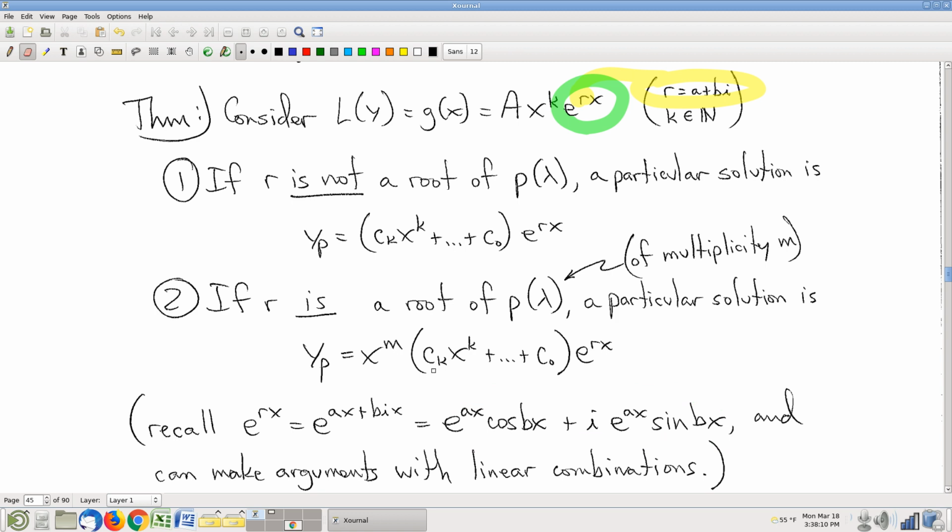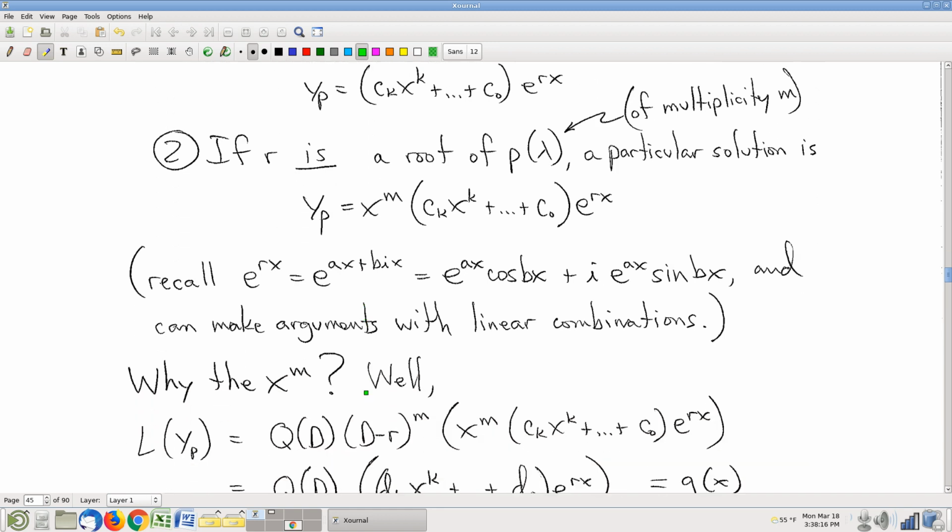So, what's the deal with that x to the m? Where does that come from? Reminder. We're trying to understand this L. Don't forget we've rewritten L with algebra of linear transformations.